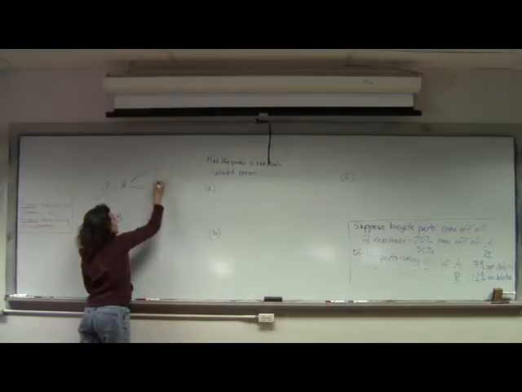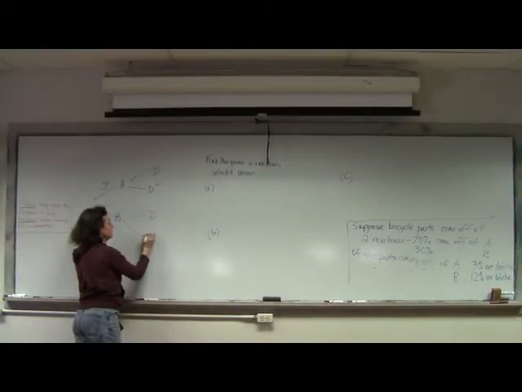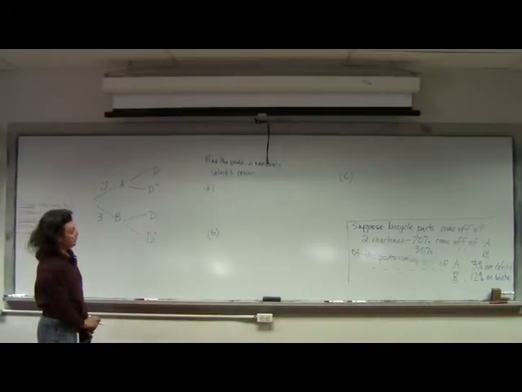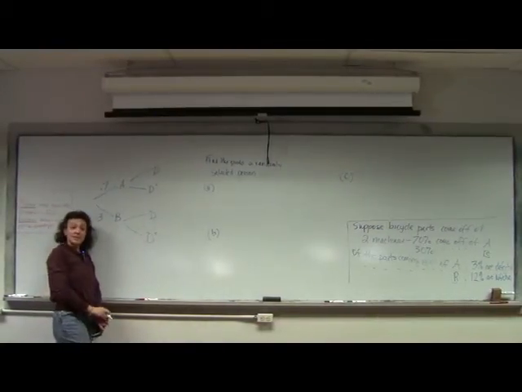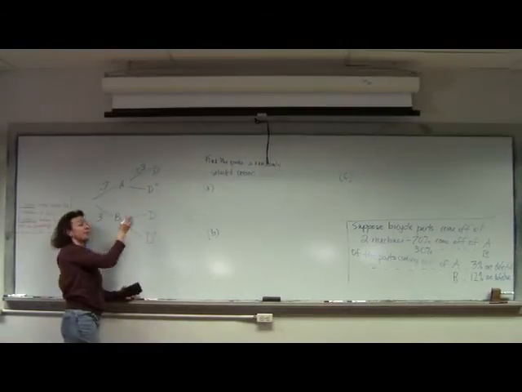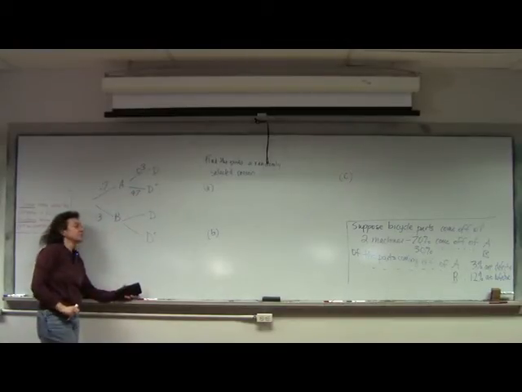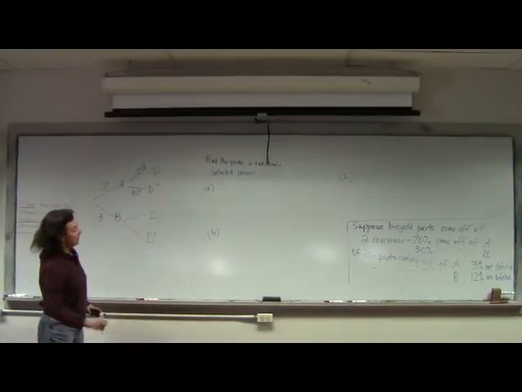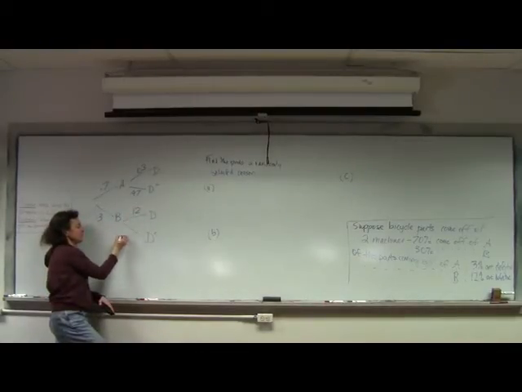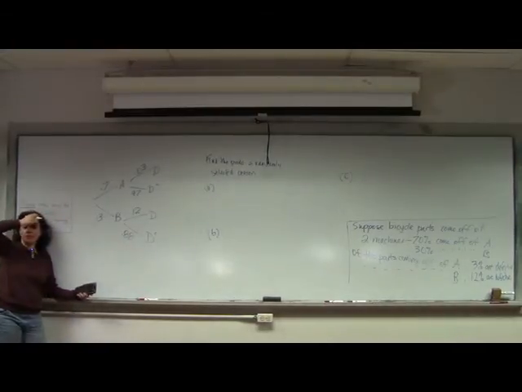Now they could be defective or not defective. Defective, not defective. And of the parts coming off of A, 3% are defective. That's 0.03. Therefore, aren't 97% good? Yes. And the ones coming off of B, 12% are defective, and therefore 88% are not.